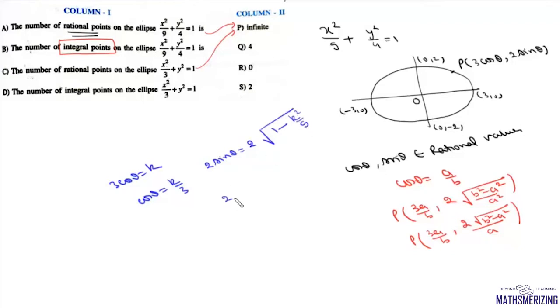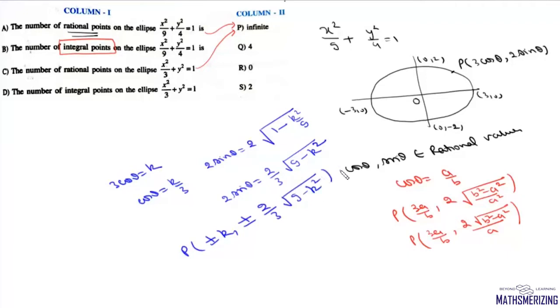So in that case 2 sin theta will be 2 upon 3 under root of 9 minus k square. So this point will be plus or minus k and then plus or minus 2 by 3 under root of 9 minus k square.